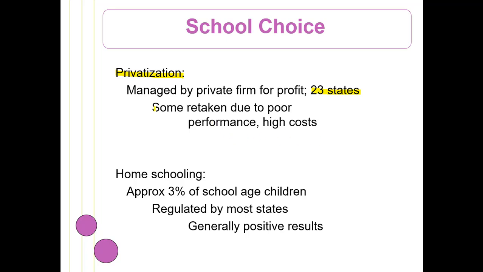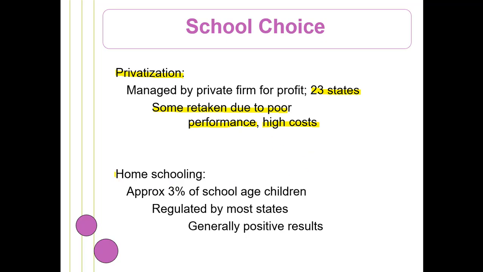And because of the lack of performance, as we've talked about before, no matter how much money you want to throw at it, there's no guarantee that the performance is going to improve. So these high costs compared with relatively similar performance, some of those were taken back because of those.